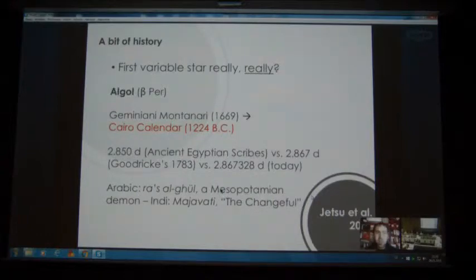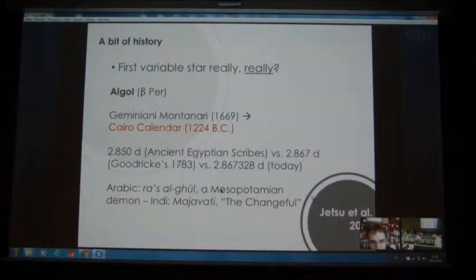But what was the first variable star really? Not Mira, not the supernovae. The real one is Algol, Beta Persei. We've been told that it was the first variable after Mira.